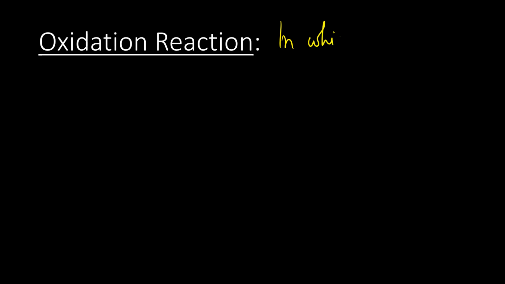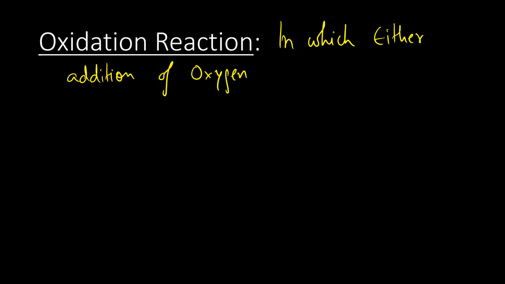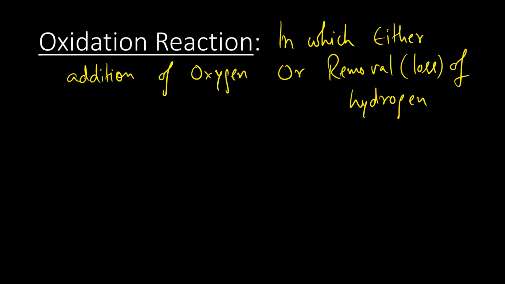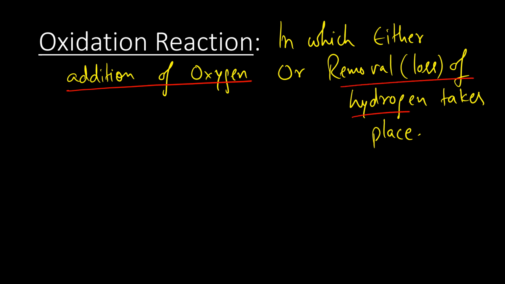Its definition says this is a reaction in which either addition of oxygen or removal of, or you may say loss of, hydrogen takes place is known as oxidation reaction. So in oxidation, you may see either addition of oxygen or loss of hydrogen.